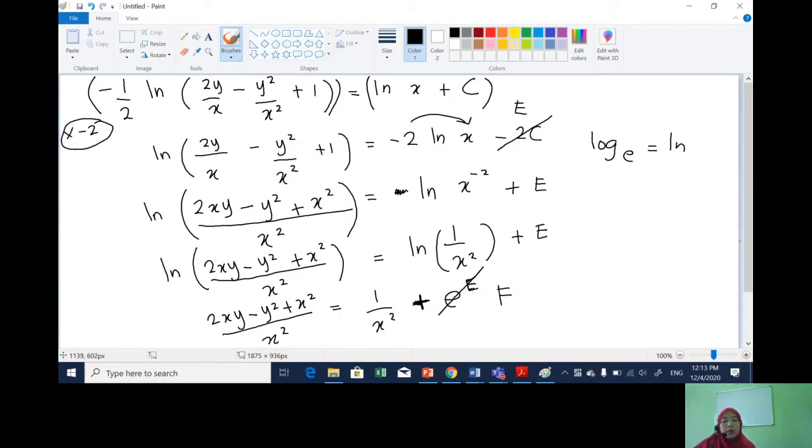Can we just change it to that? Yes, you can, because it is just a representation here as a constant. It's not a function of x or y. So e to the power of e is still a constant, and we change it to another new constant f, with the assumption that f is equal to e to the power e. So no problem. If you want to change it, then you can change it.